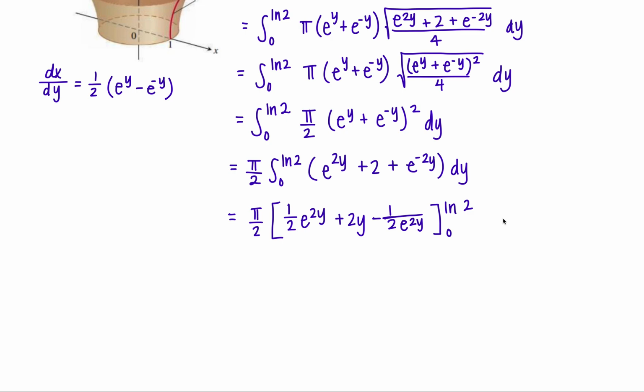I'm going to start with the natural log of 2. So we have 1/2 e^(2 ln 2) + 2 ln 2 minus 1 over 2e^(2 ln 2).